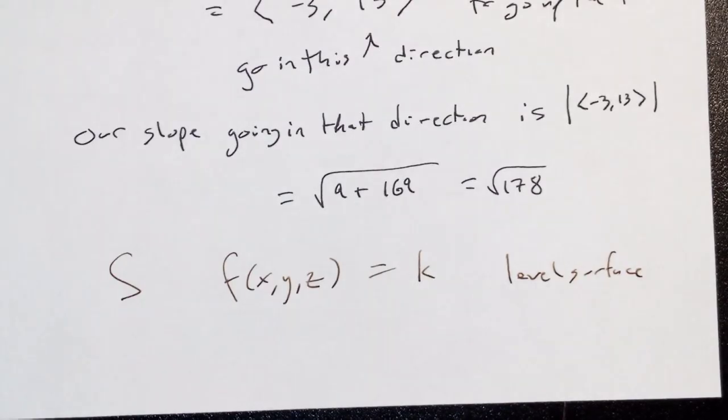If I take the gradient at some point on this level surface, remember, this is a level surface. If I go along the surface, there will be no change. And that means the gradient will be perpendicular. Wait a minute, my gradient is perpendicular to the surface. It sticks out of the surface at 90 degrees.